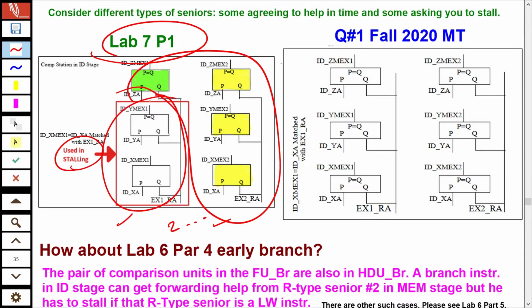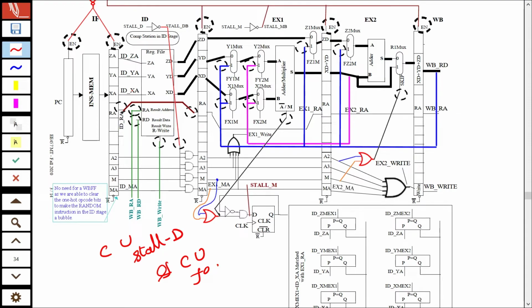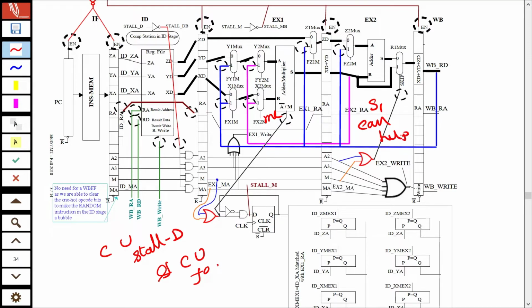However, please notice that in this case, for me, senior 1 can provide help, not in all cases, but in those cases where he is anyway bypassing this and is not actually doing some work. So he can help. What type of seniors can help?